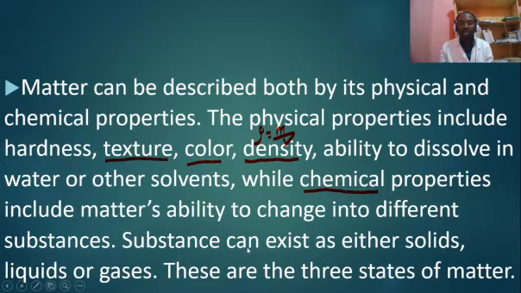So substance can exist as either solid, liquid or gases. So matter can exist as solid, liquid or gases. These are the three states of matter. Anywhere you hear about the three states of matter, you will say matter can exist as solid, liquid or gases. You are not wrong.